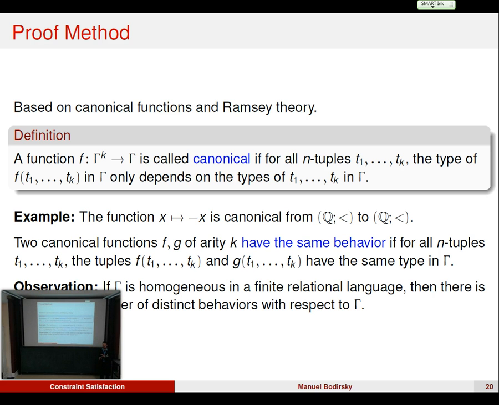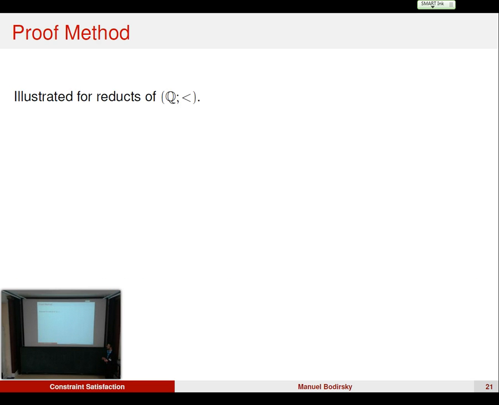You can do combinatorial analysis because there are finitely many, and so let me illustrate how to apply this idea of canonical functions to classify the CSP.